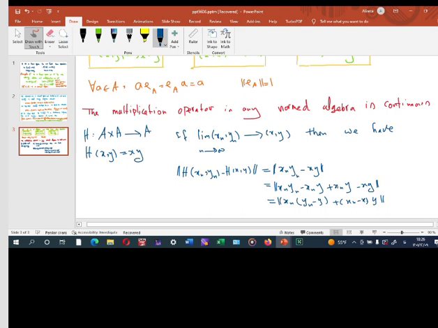and this is less than or equal, by the triangle inequality, to the norm of xn (yn minus y) plus the norm of (xn minus x) y.